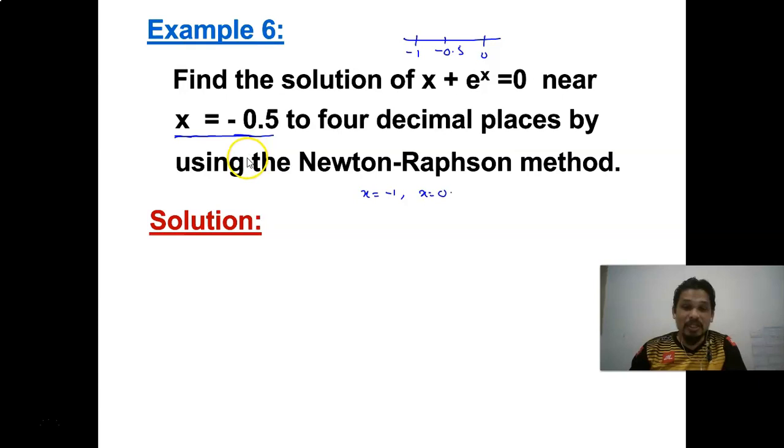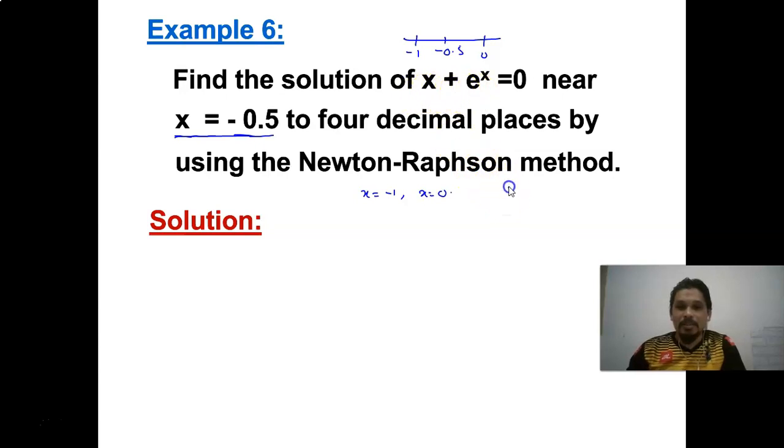Just imagine that if this value is not given in the question and they want you to find your own initial value of x. So we take x equal to negative 1 and x equal to 0. So this is our f of x.